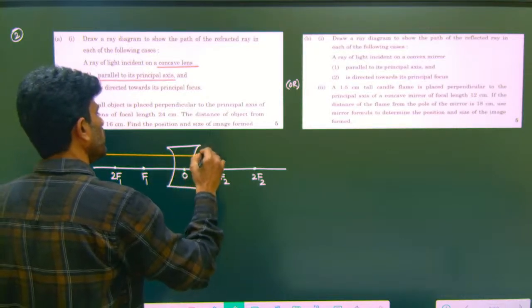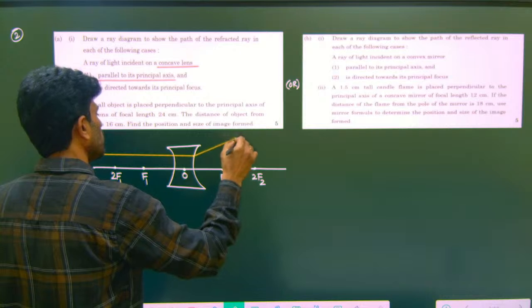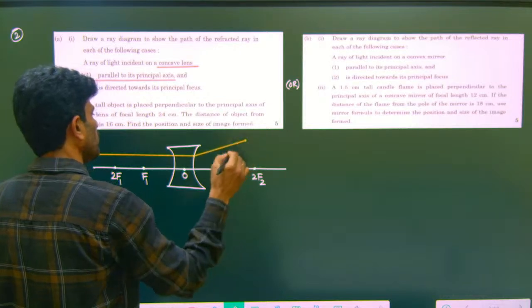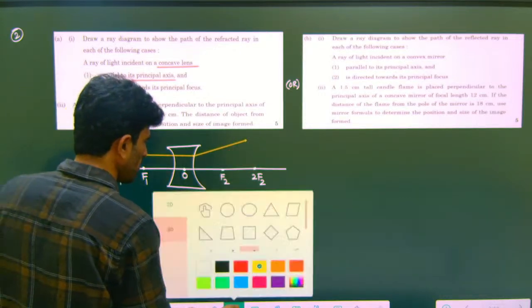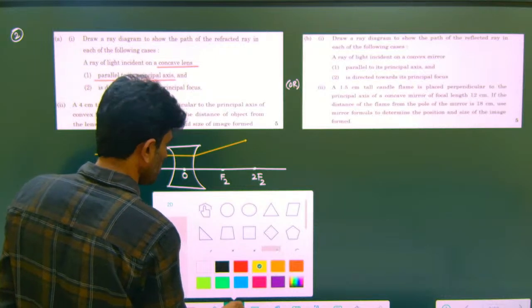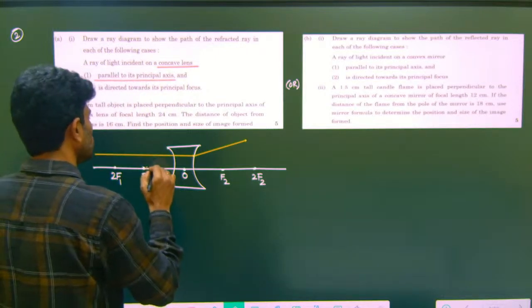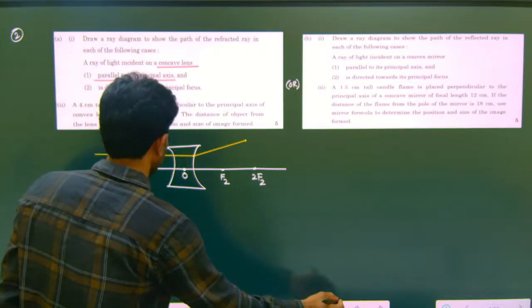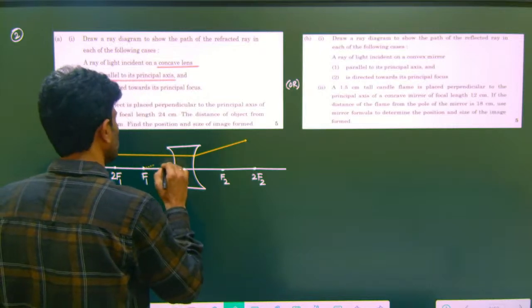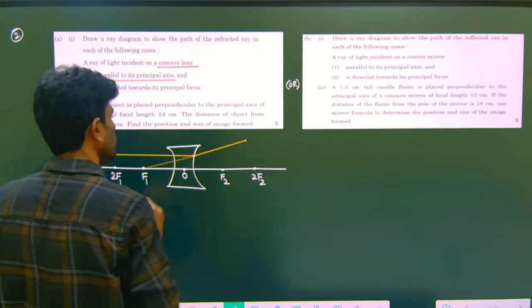It will be diverged in this format. What happens here if you extend? When we extend it, it looks like it is coming out of focus. This is the first one.